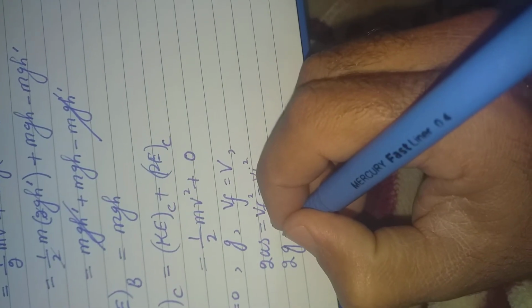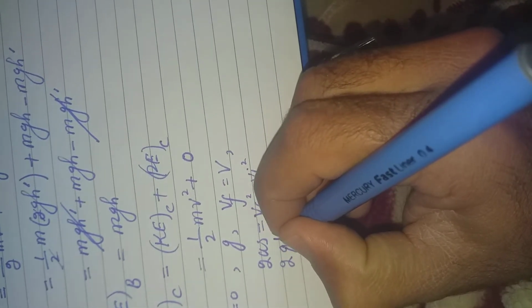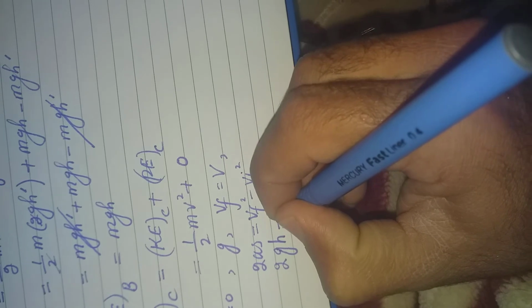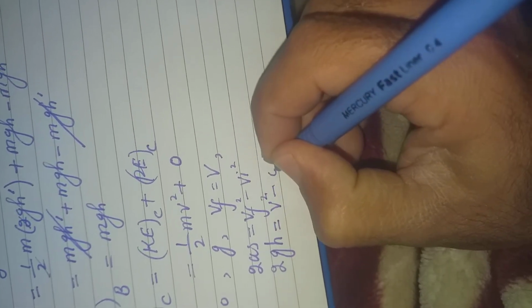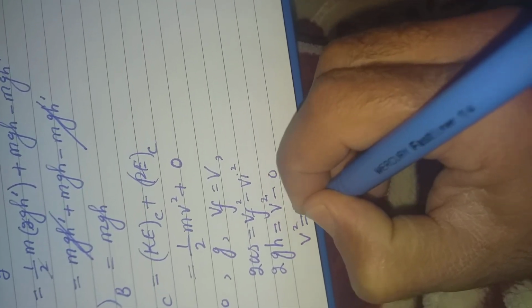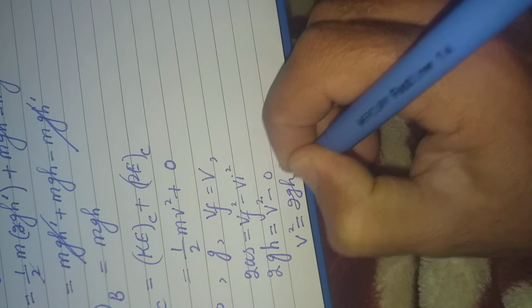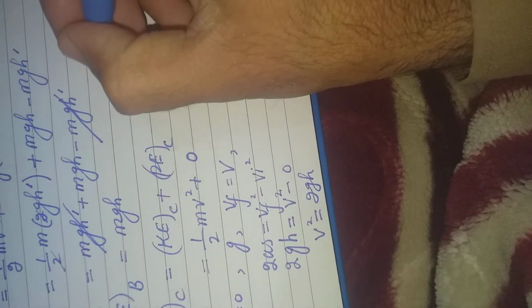This is the complete distance h from A to point C. Because vf is equal to v, it becomes v squared minus 0, so v squared is equal to 2gh.